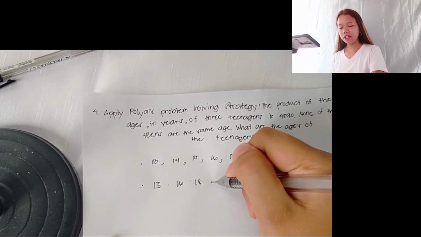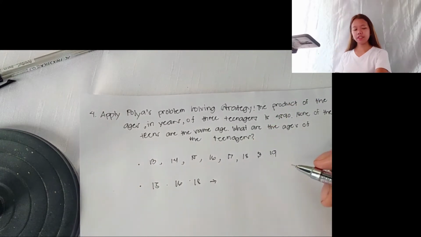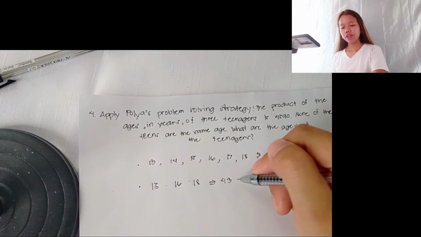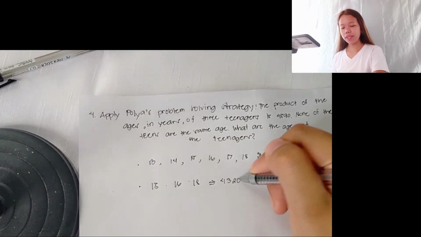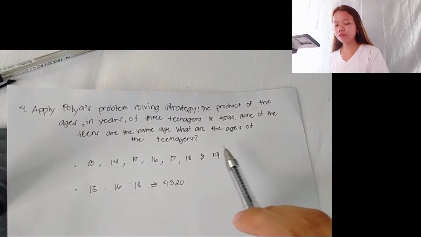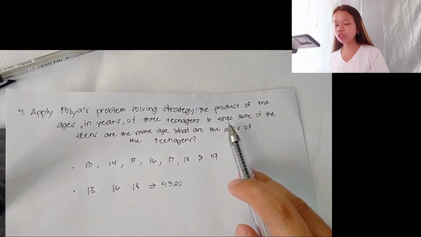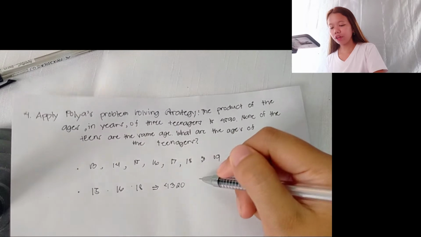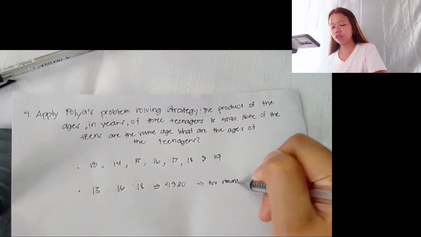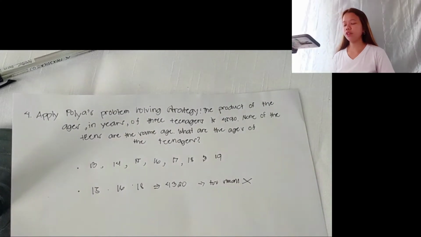So the product of 15, 16, and 18 is 4,320. So 4,320 is too small compared to the product of the 3 teenagers. Too small. So that would be wrong.